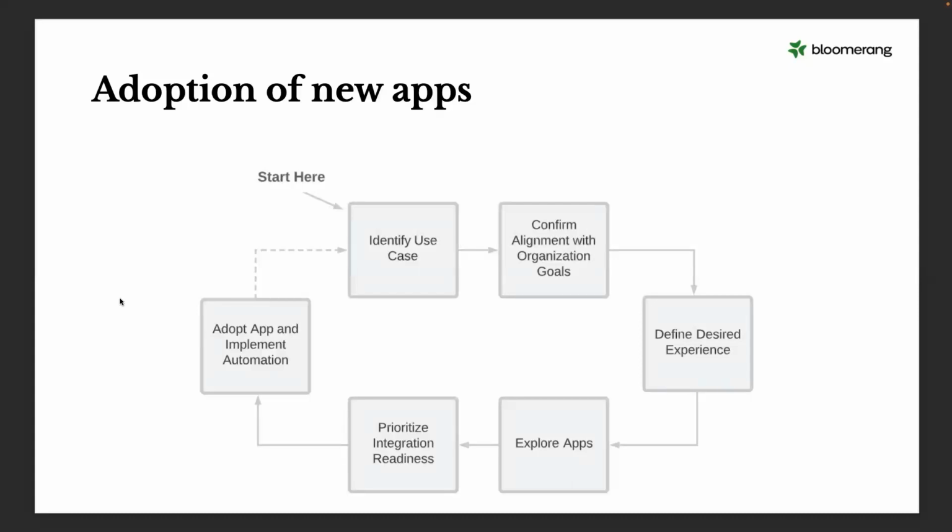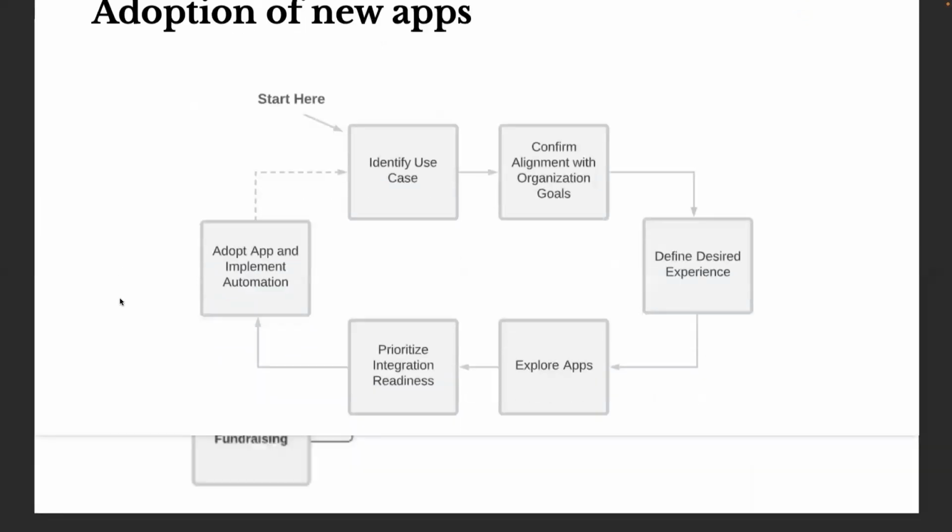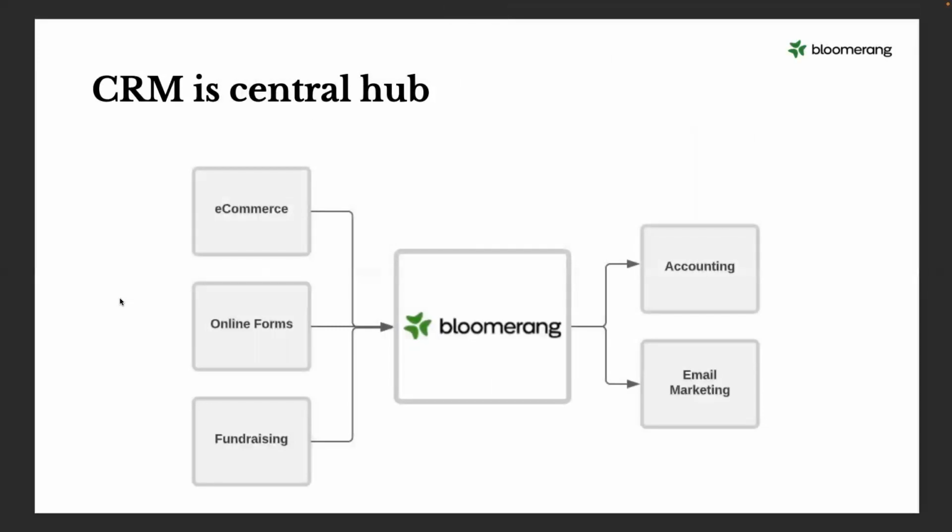Now, adding new technology to your organization should always come from a lens that Bloomerang is the central hub of your tech stack. Data should really flow in and out of your Bloomerang database, and you should be connecting Bloomerang to any other best-in-class tools the organization is using.